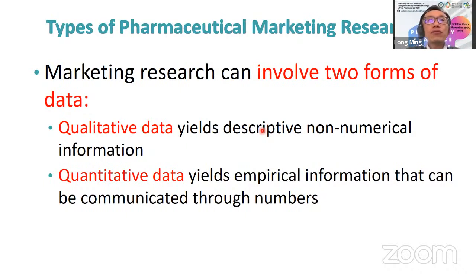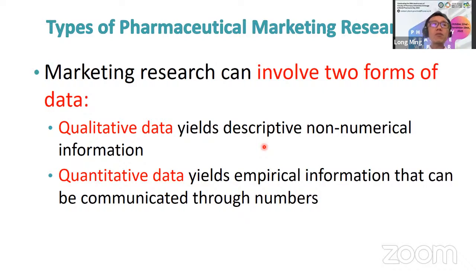Now let's look at the 2 forms of data. Just now I slightly touched on this, which you are also very well aware of. When we collect the data, sometimes the supervisor or lecturer will ask, is it qualitative data or is it quantitative data? Qualitative data refers to descriptive non-numerical information, which is the script or your descriptions in text.